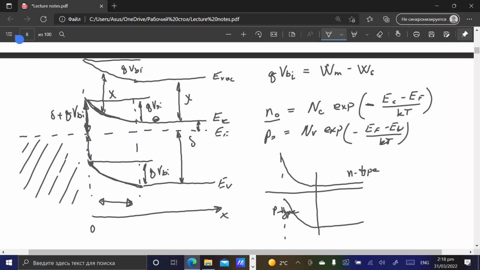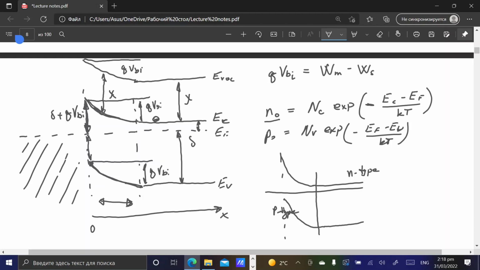So we will have high resistance, which already doesn't fit the requirements for an ohmic contact at the interface between metal and semiconductor. We will have a highly resistive layer, this depleted layer.